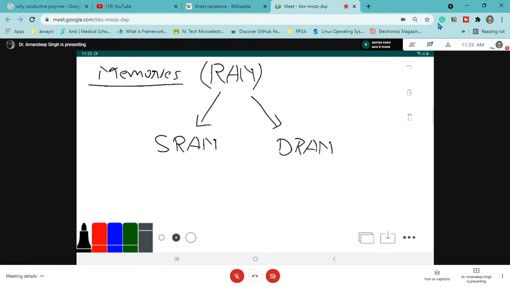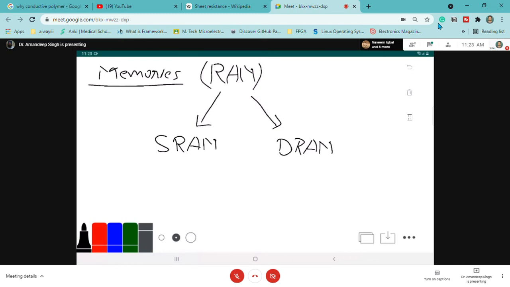Static means we are not using any capacitance node to store the data. Data is stored by cross-coupled inverters or cross-coupled latches, where the data is stored as it is. There is no need to refresh the circuit, and we don't have any capacitance where we just store the data and need to refresh it. In dynamic, we use the capacitance node.